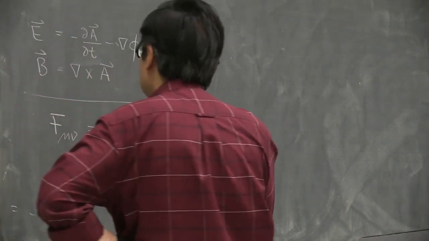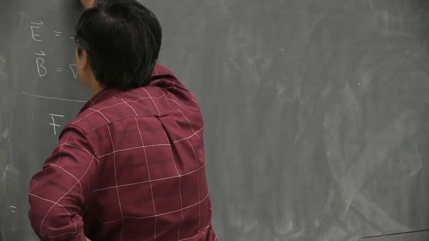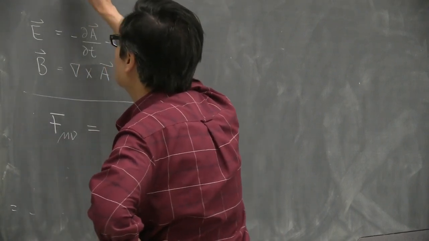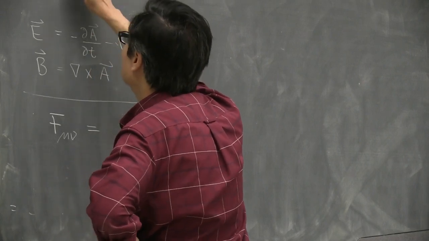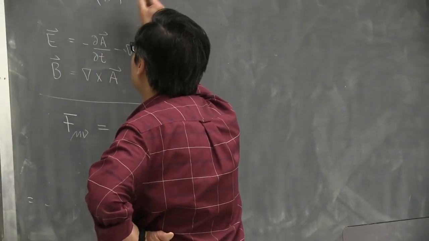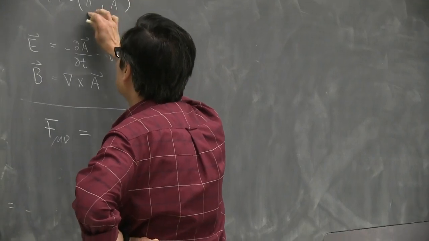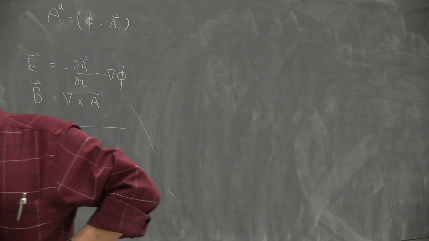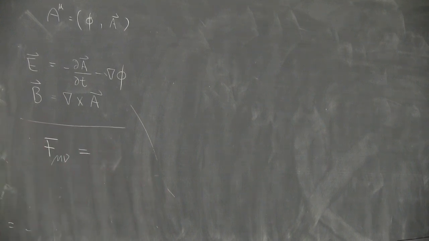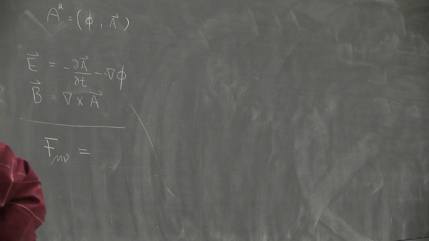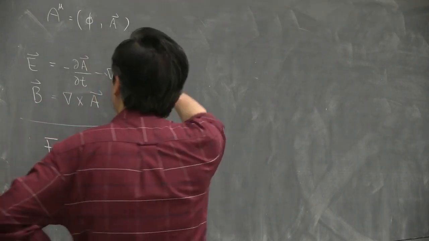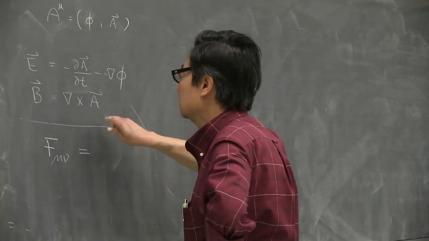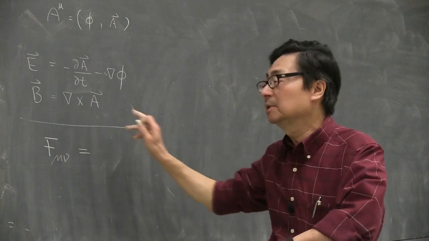That's related to A mu, a 4-vector. A mu contravariant is A0, A. A0 is the time component, which is in fact the scalar potential, whereas the spatial components of this 4 potential are just the ordinary vector potential.